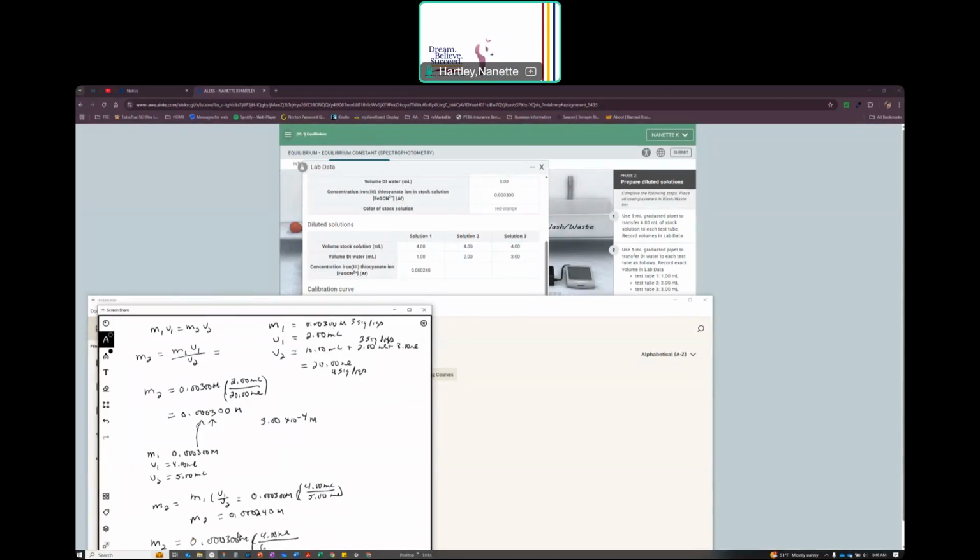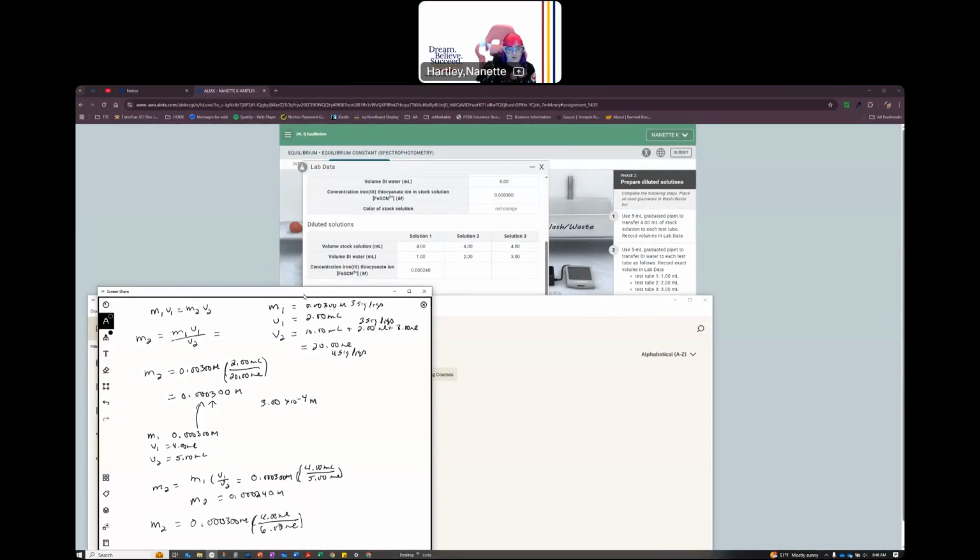But my new total is now 6 milliliters. So the second solution is going to be 6 on the bottom. Then the one after that will be 7 on the bottom. And so I'm going to set up those two calculations.